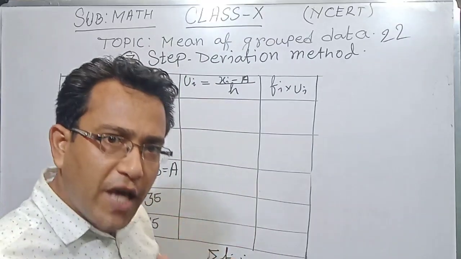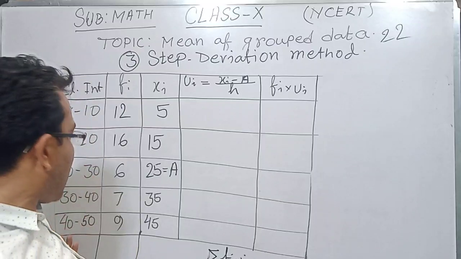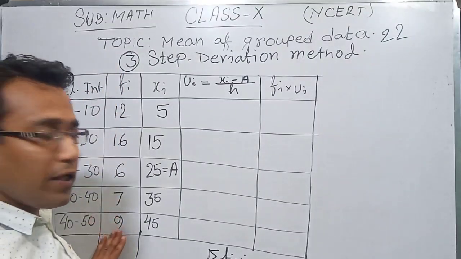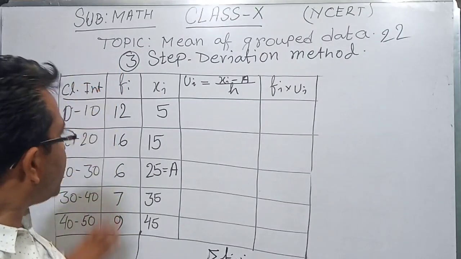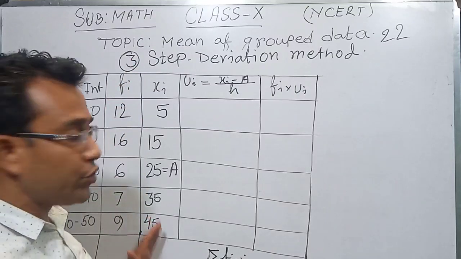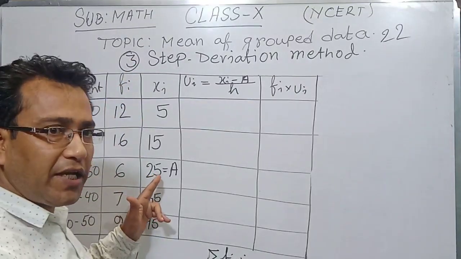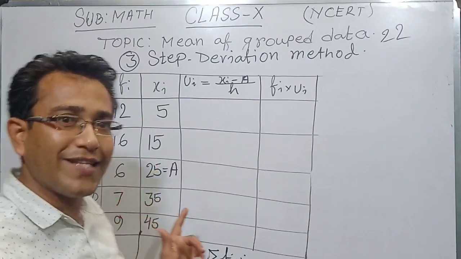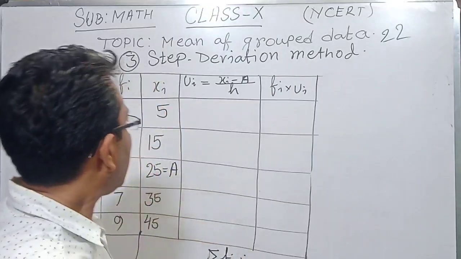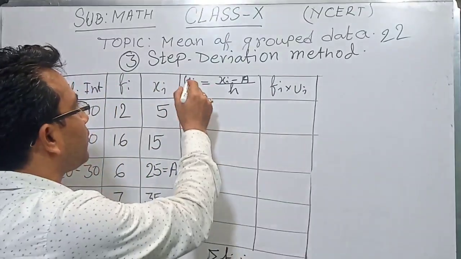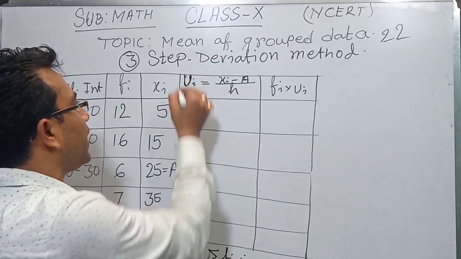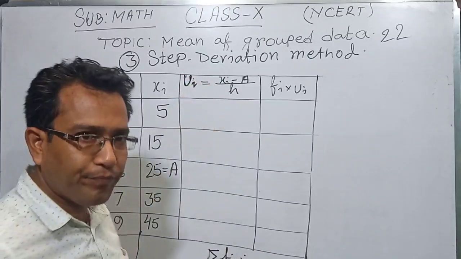With the very same math, these are the class intervals, these are frequencies, and these are the mid values. Here I have also taken 25 as assumed mean. Now one thing we have to calculate here, that is ui. How?